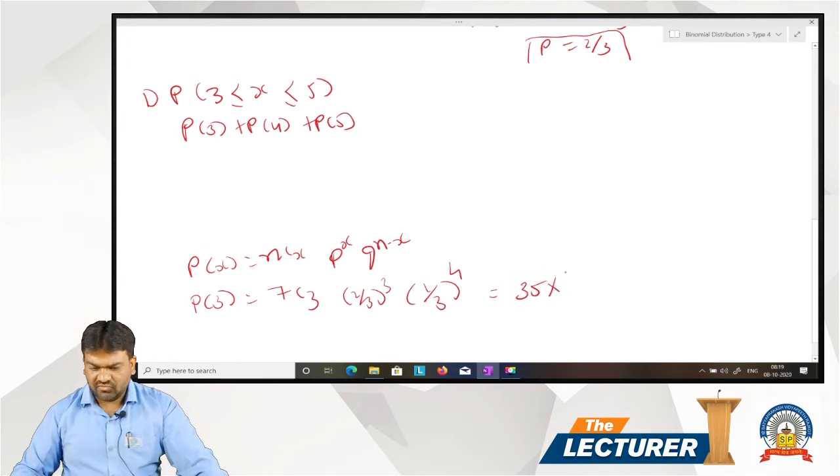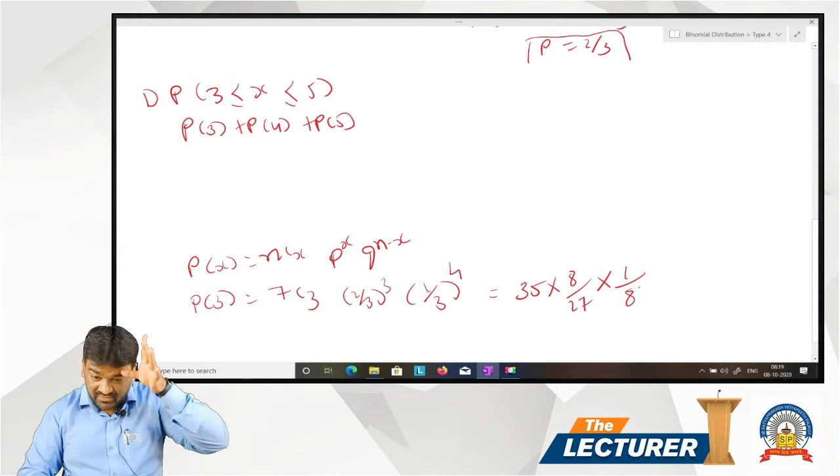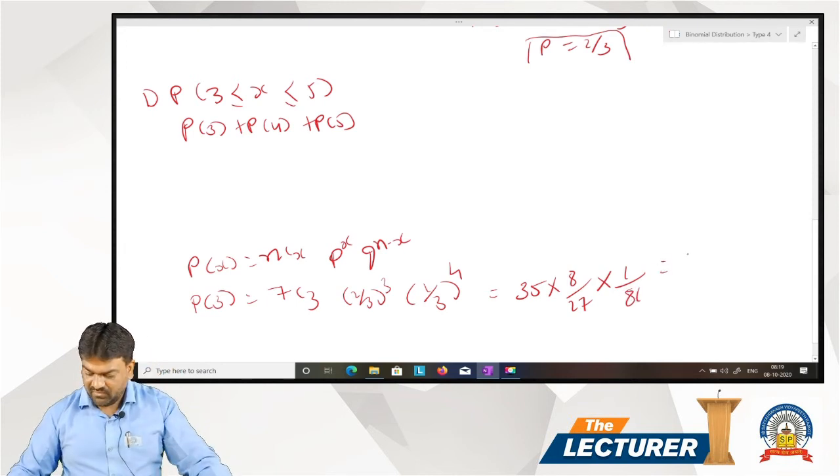Multiplied by 2 raised to 3, 8, over 3 raised to 3, 27, multiplied by 1 raised to 4 over 3 raised to 4, 81. 35 multiplied by 8 is 280, over 27 multiplied by 81, 2187.